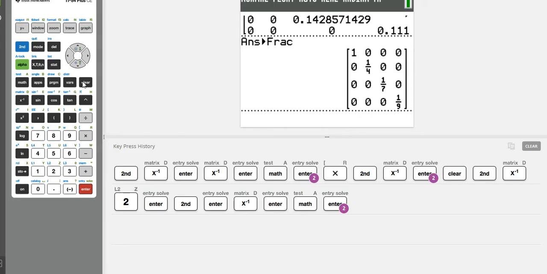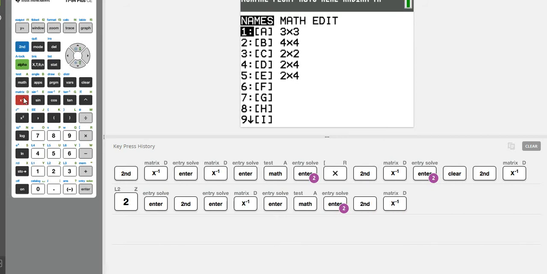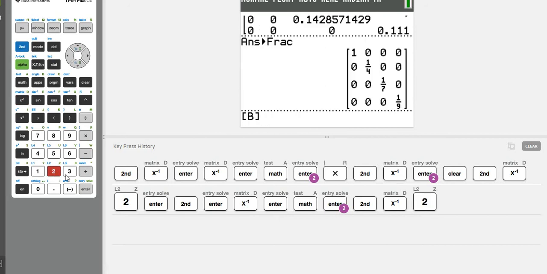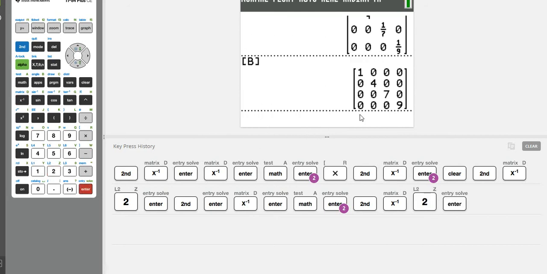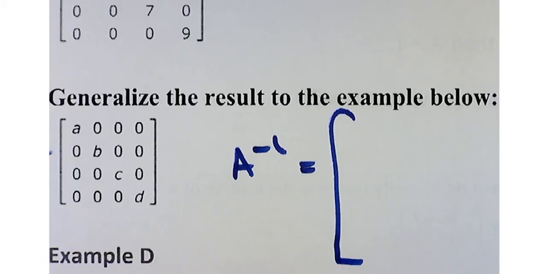So let me write matrix B again, so for comparison, we'll have both of those up on the same screen. There was matrix B, and then here's its inverse. What's the trick for this special type of matrix to get the inverse? Did anyone see that? Here, let me write it down because it's not quite showing up on the same screen.